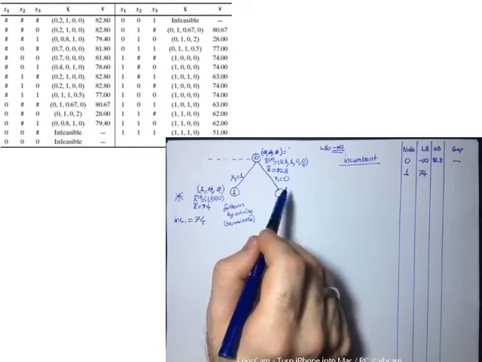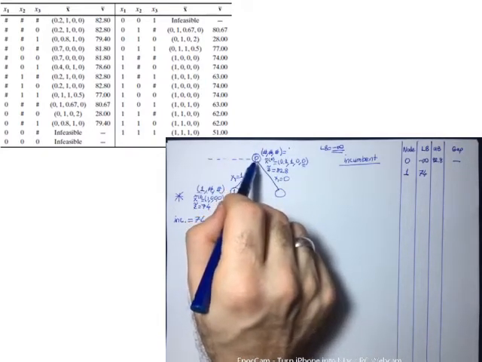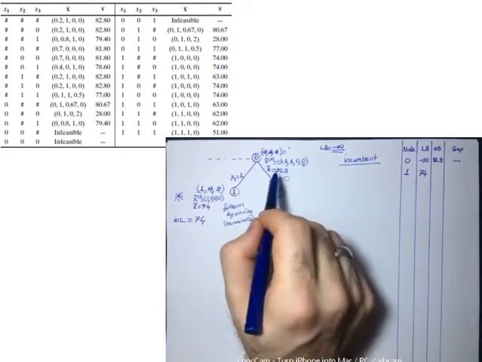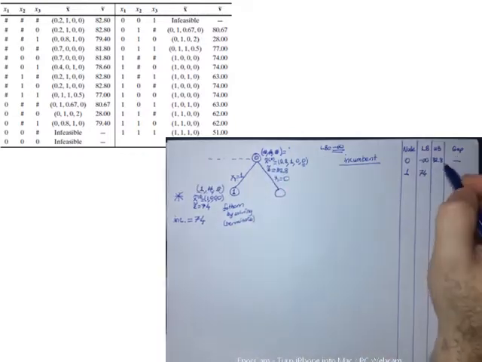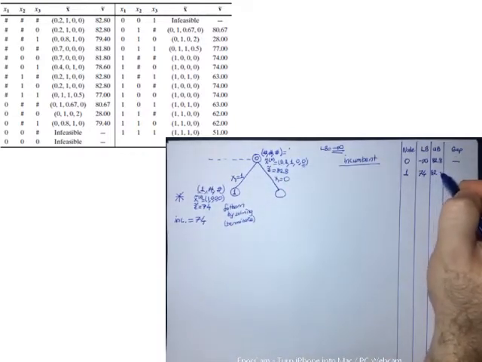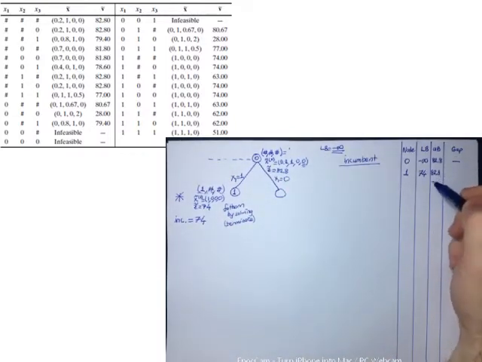For that purpose, we look at the parent of this, and the parent tells us that you can obtain 82.8. This is the best that we can get.